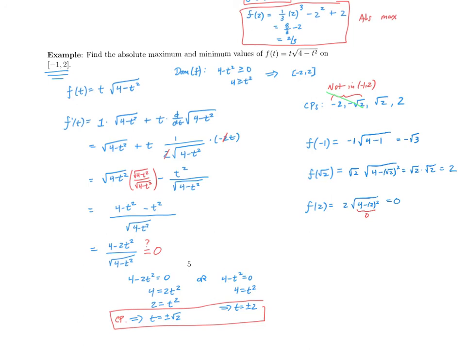So we have our list of function values. From that list, we pick the largest and the smallest value. So they're right next to each other, so I'm just going to go ahead and circle them simultaneously, and right next to them, absolute minimum, absolute maximum.